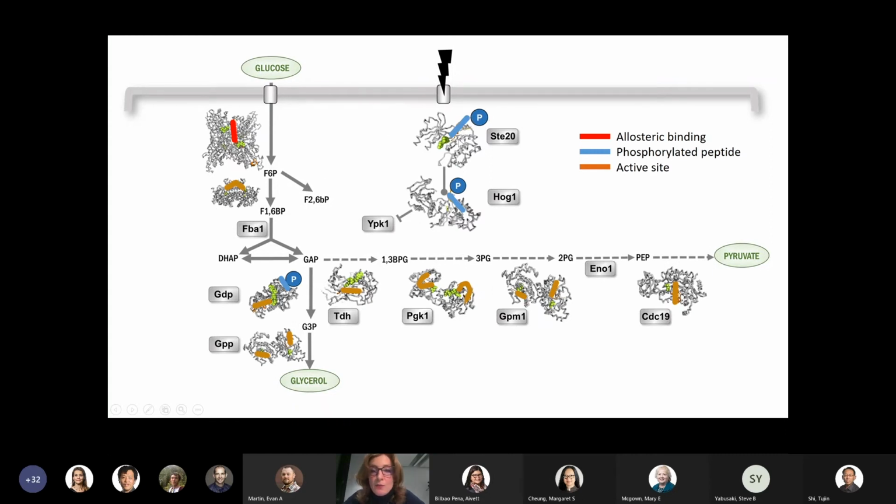In the case of phosphorylation events, we typically capture the peptide at the phosphorylation site, sometimes a second peptide at the active site of those enzymes, suggesting that we might capture phosphorylation-induced activation of the enzyme. For enzymes that bound metabolites or small molecules, we captured peptides at the allosteric binding site.